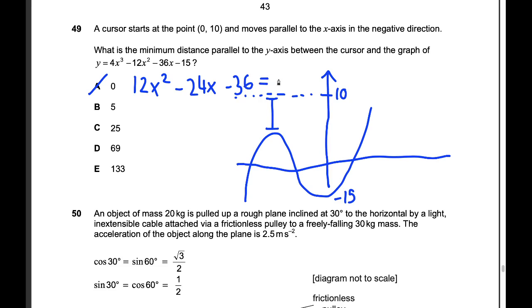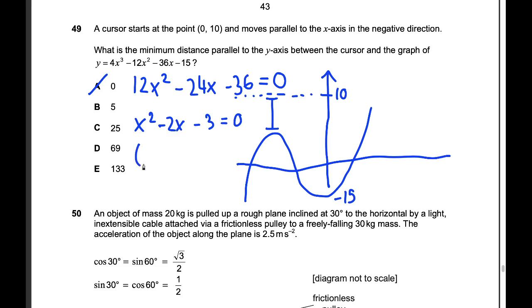Look, there's a factor of 12 in all of them. So that is going to be just x squared minus 2x minus 3. So something that multiplies to give minus 3 and adds to give minus 2. Very easy. Okay, so that's equal to 0.